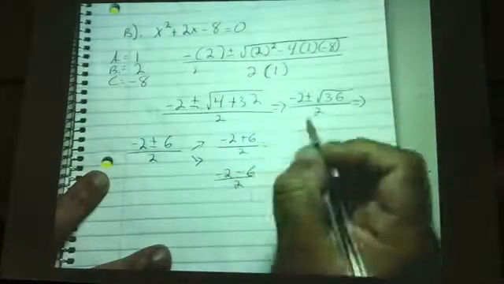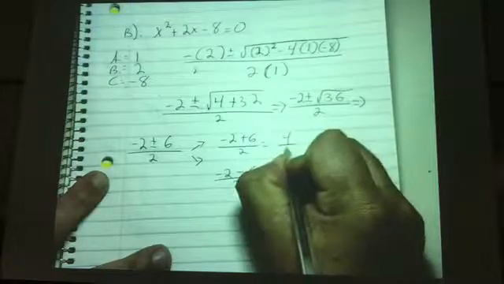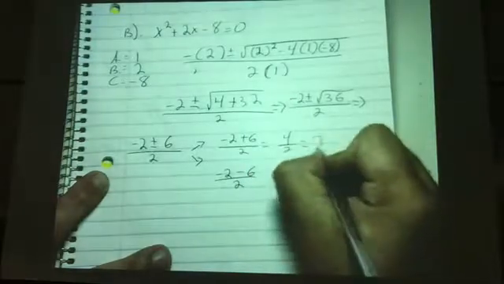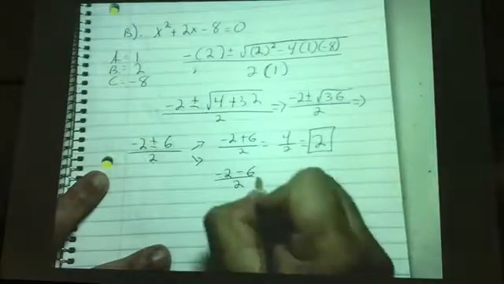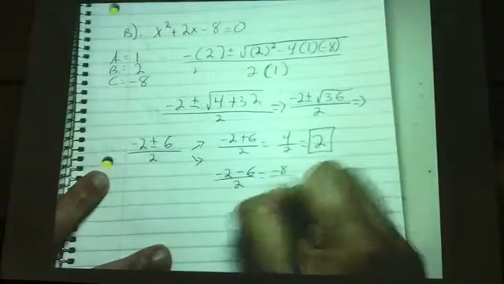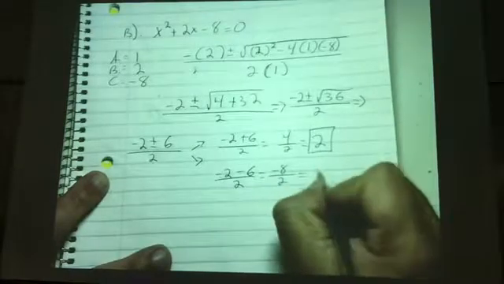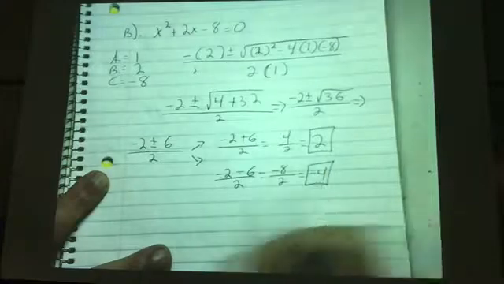Then we solve for the top. Negative 2 plus 6 is 4 over 2, which is 2. 2 is my answer for the top. On the bottom, negative 2 and negative 6 is negative 8. Negative 8 over 2, reduced, is negative 4. My answers are 2 and negative 4.